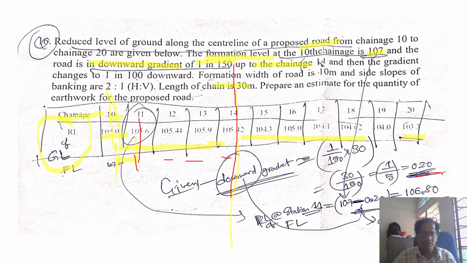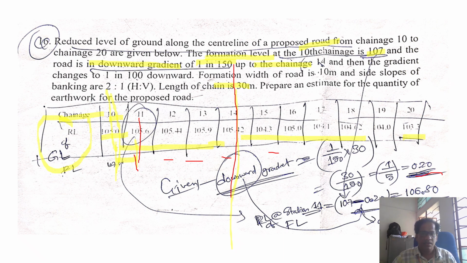When it comes to the 15th station, this is very interesting. Here the chain length is 30, but now it is not 1 by 150, that is not 30 by 150.